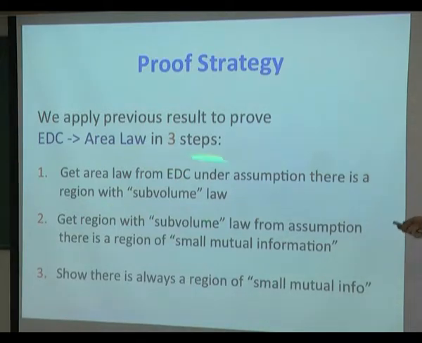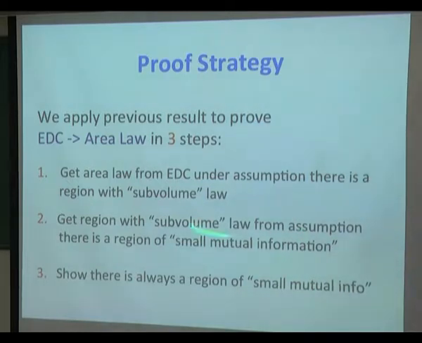Then we'll show that we can get a region of subvolume entropy from the assumption that there is some other region of small mutual information. And finally, we'll show that we can always find a region of small mutual information.